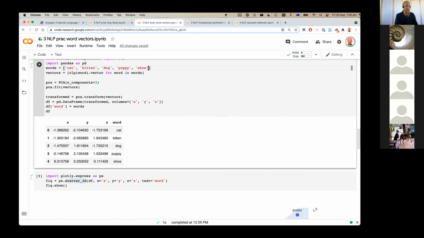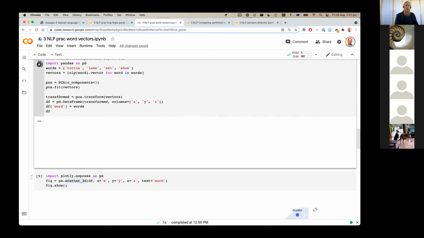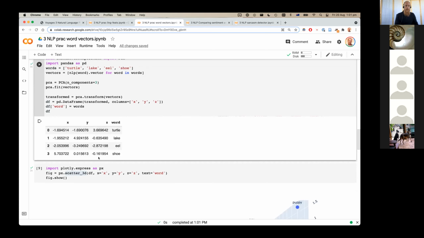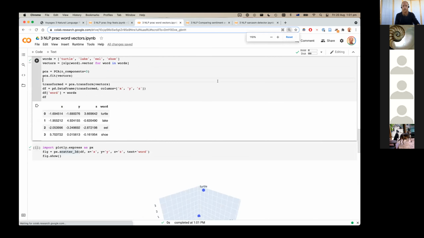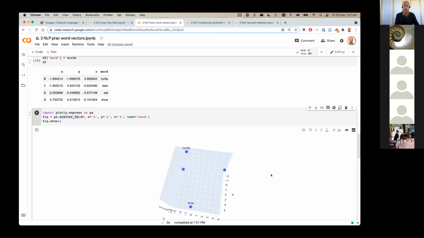Let's see what happens if I do some good old turtle, lake, eel. Maybe I'll put shoe in there as well. Okay, I'll run that. Rebuild the data frame. And again, I can see that there's going to be a difference here, and then I'll rerun the plot. Oh, they're much more evenly distributed.